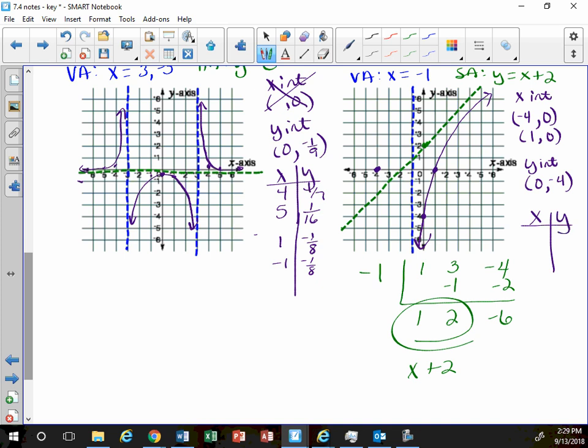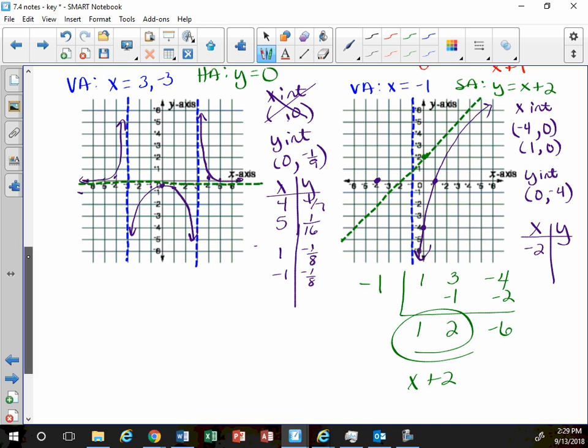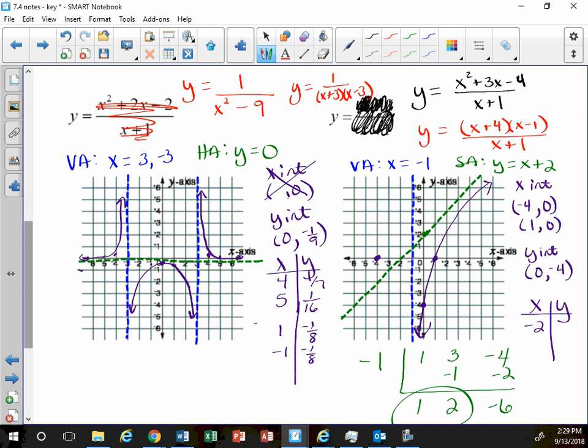Okay with that? All right, then to get the left side, I already have 1 point over there, so I only need to do 1 more point. What do you want to plug in? Negative 2, negative 5, negative 3, any of those work. I'll go negative 2. I don't care if you plug it into the original or factored this time. If I do the original, negative 2 squared is? 4, good.